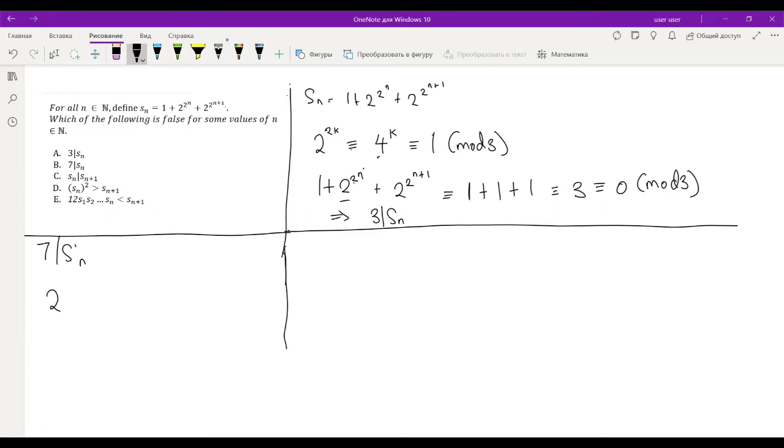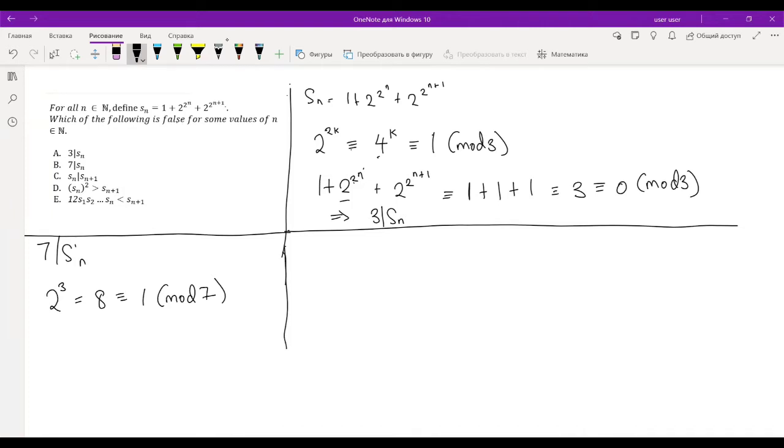It's just a constant. So we are more interested in the remainders of the last two terms. We know that 2 raised to power 3 is 8, and 8 is 1 mod 7. So this is just indirectly saying that the order of 2 mod 7 is 3.